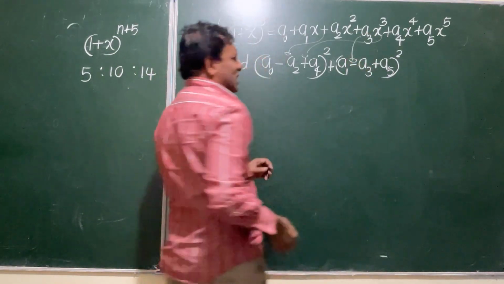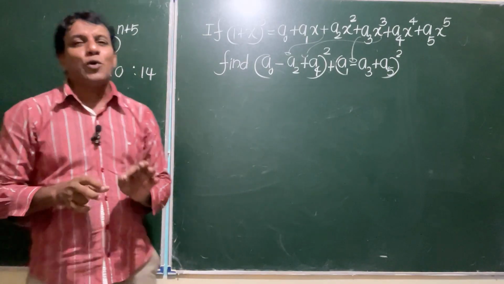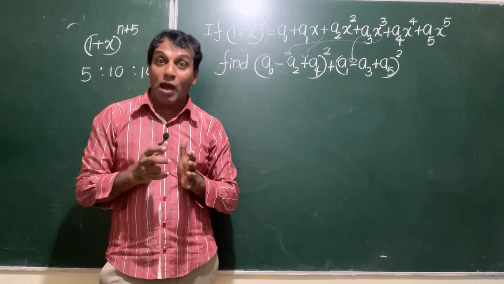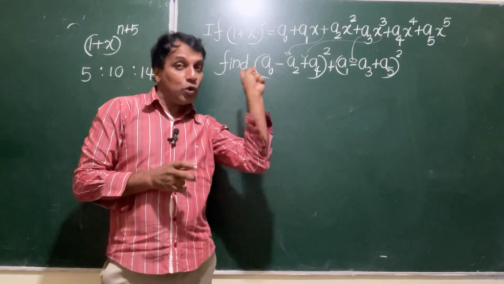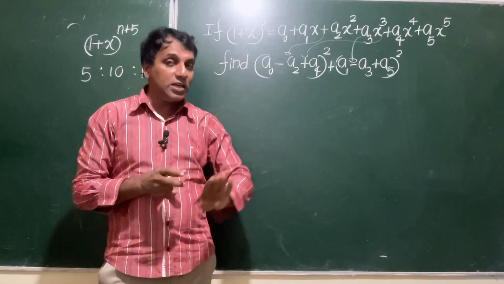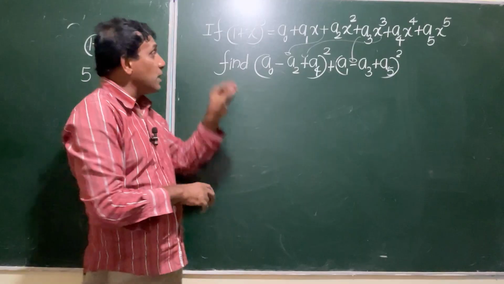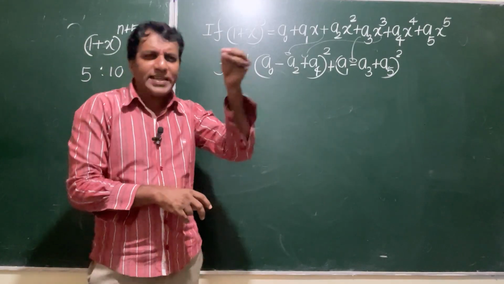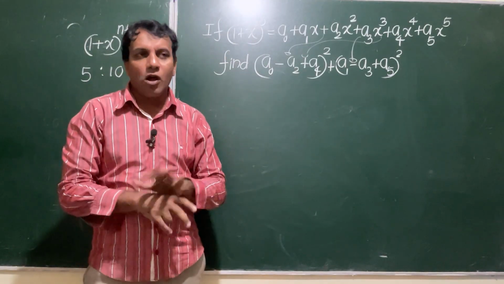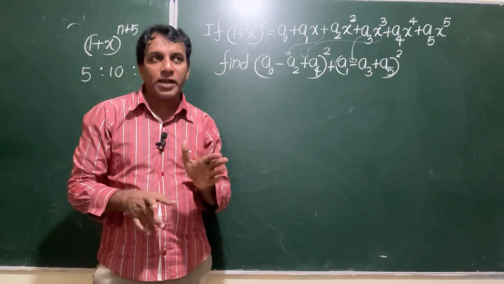So a simple case, once you learn this technique. Some questions involve differentiation of a binomial, or integration, or putting some values for x equal 1, x equal 2, x equal 3, or properties of binomial coefficients.